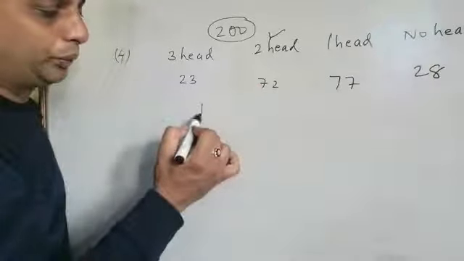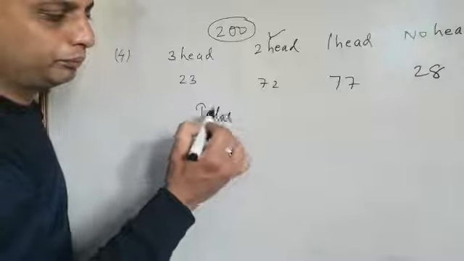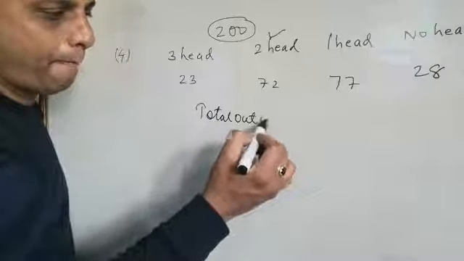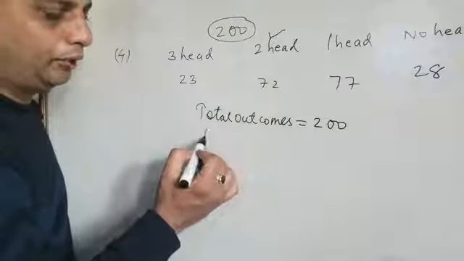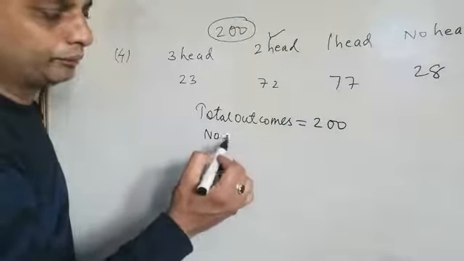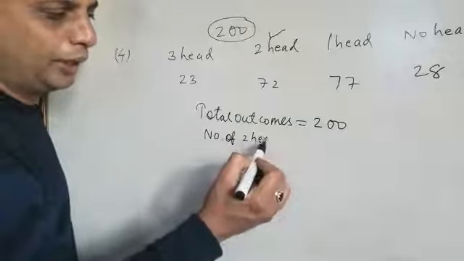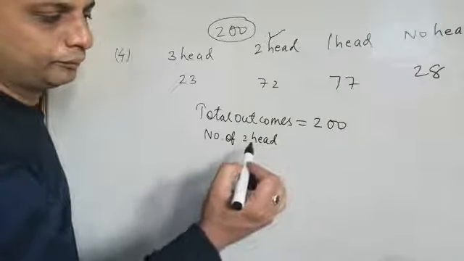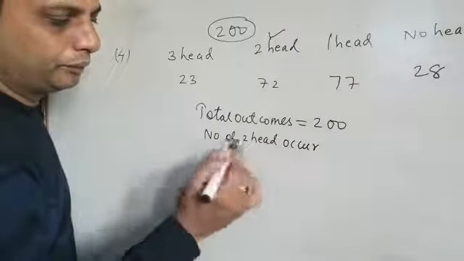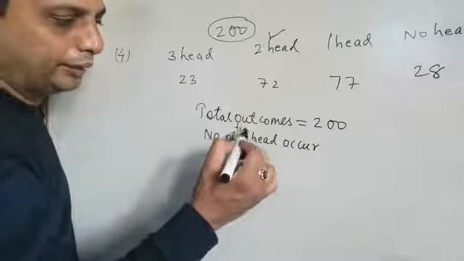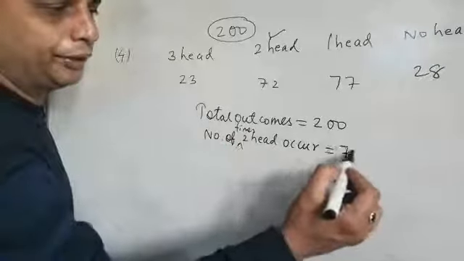So we'll write here total outcomes will be 200, and the number of times two heads came will be 72.